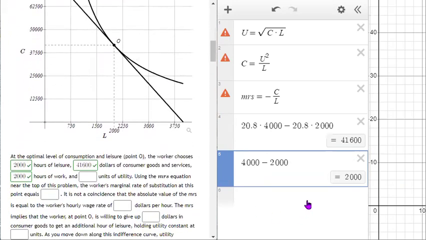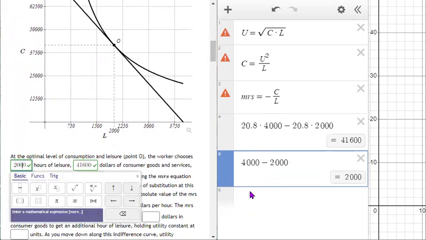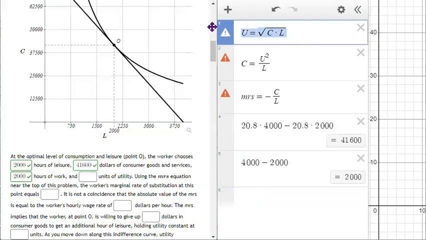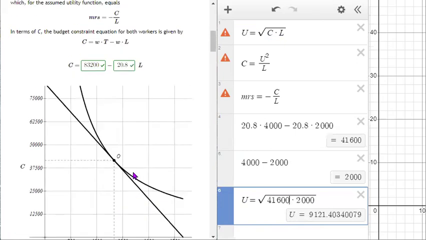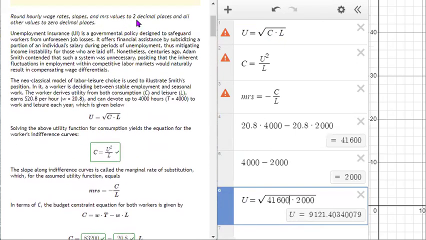And what is the utility here? My leisure is 2,000, so I'm going to copy this up here. My consumption level is $41,600. So my utility, to how many decimal places? To 2 decimal places.